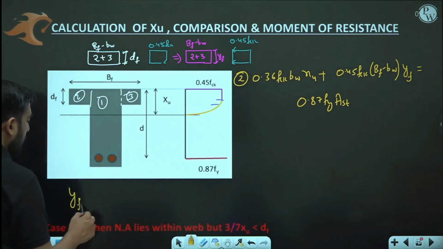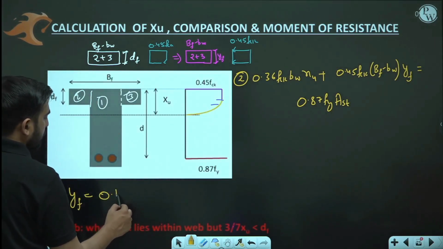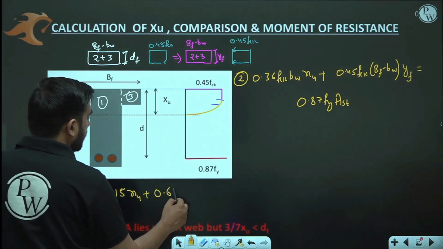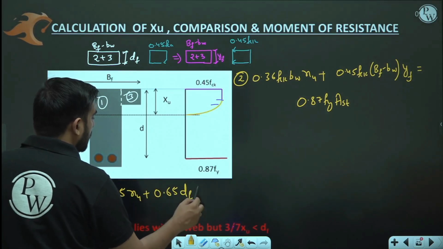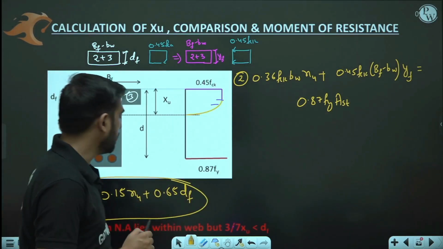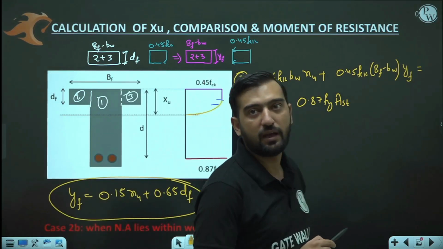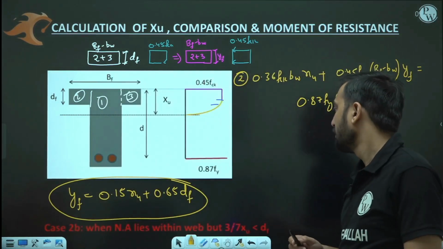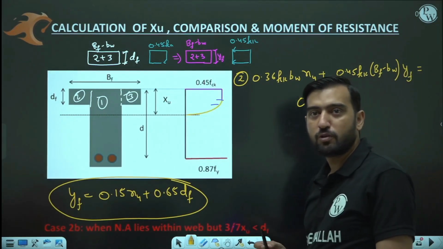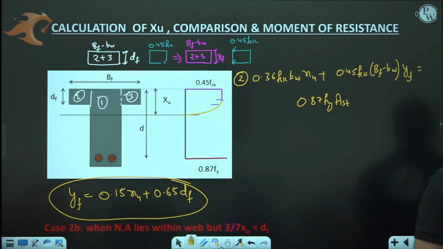So this is the value of YF: 0.15 XU plus 0.65 DF. Okay, so it is clearly visible or not? Okay, 0.15 XU plus 0.65 DF, isn't it?